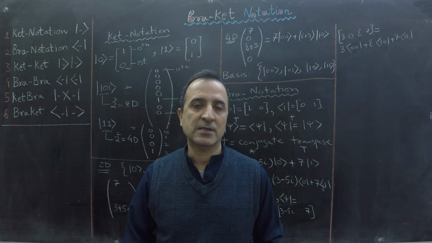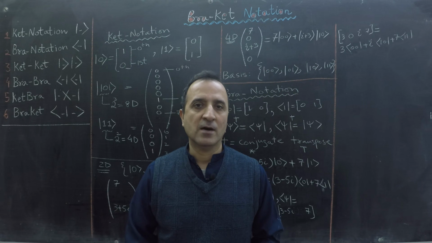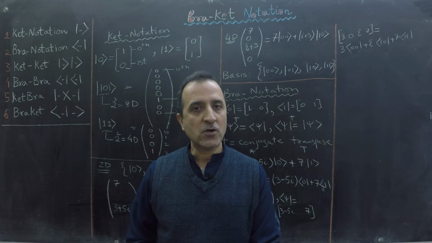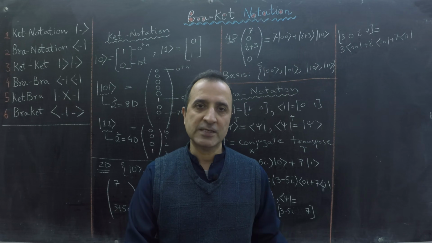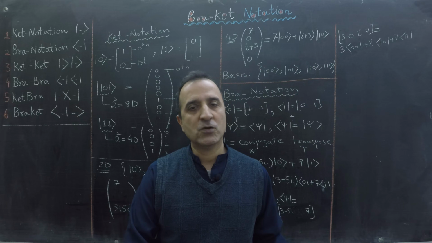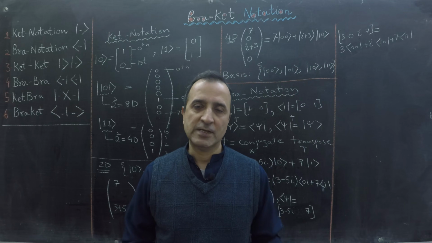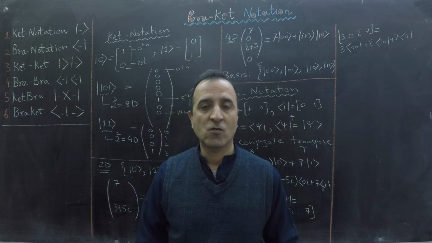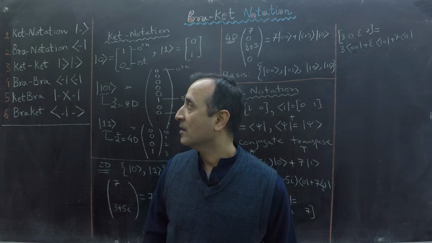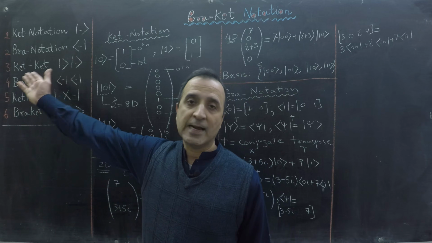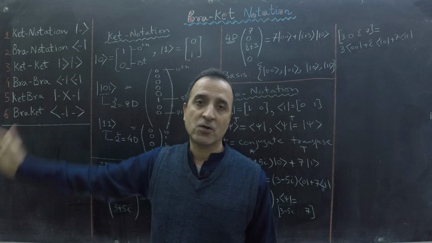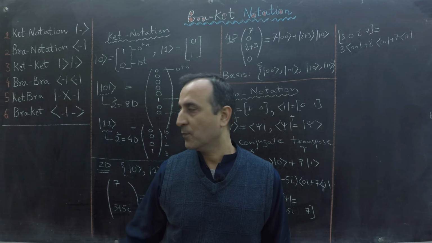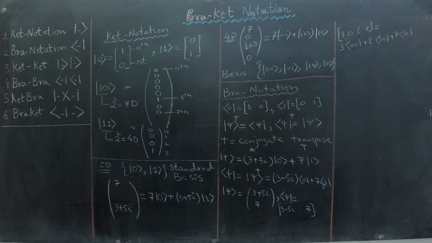And we have also learned that we can convert a vector in Ket notation to Bra notation and Bra notation to Ket notation by taking conjugate transpose. So next we have to learn what a tensor product is, and what Ket-Ket notation and Bra-Bra notation are. Let me clear the board and then we will continue.